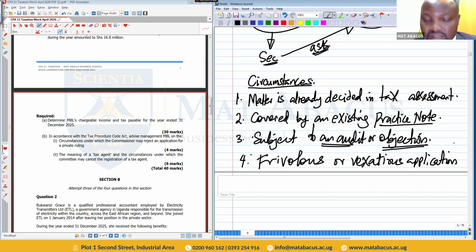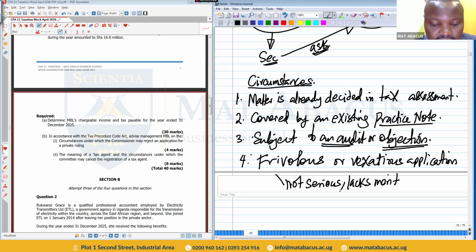A frivolous or vexatious application is an application that is not serious, lacks merit, and is intended to waste the time of the Commissioner General. So the Commissioner General may reject it.